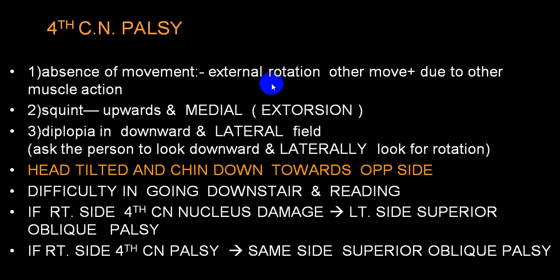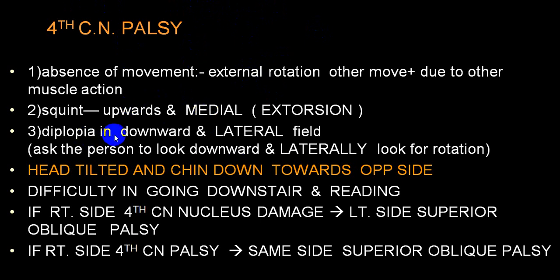So in a trochlear palsy, because of superior oblique palsy, the main movement is downwards and inwards. So because of this particular action, there will be unopposed action by other muscles, and that will move the eyeball upward and inward, upward and medially.